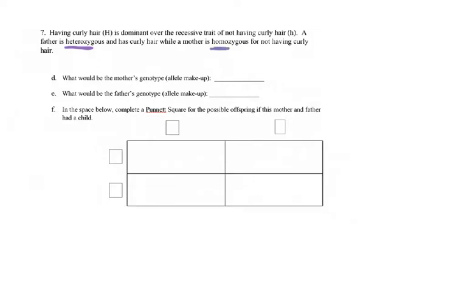But she does not have curly hair. So she's going to have two lowercase h's, mom. Now dad, since he has curly hair, he's got to have the dominant H for curly hair. And it says that he is heterozygous, which means different. So his second allele must be a lowercase h. Can't be the same. They're telling us that they're different.